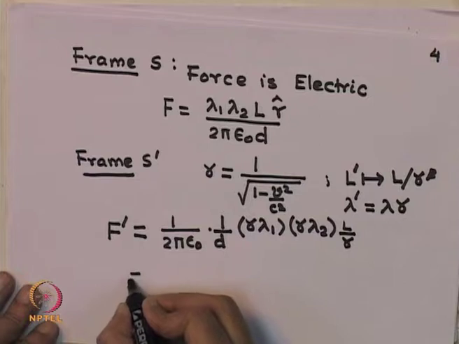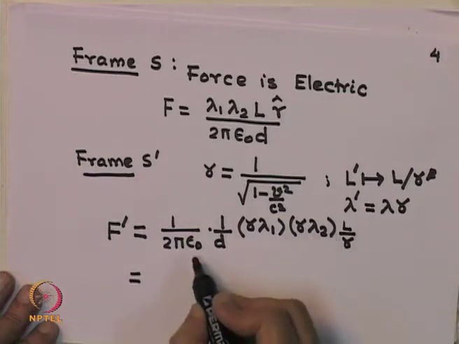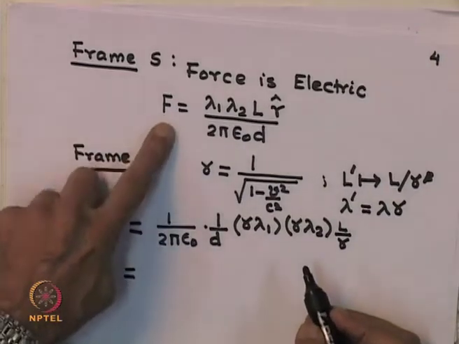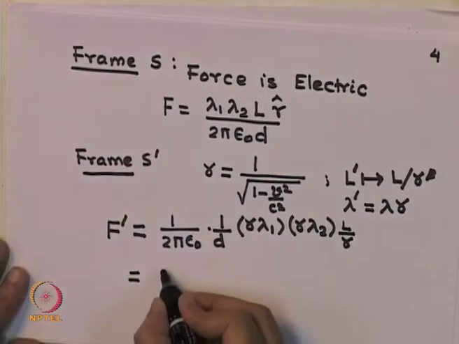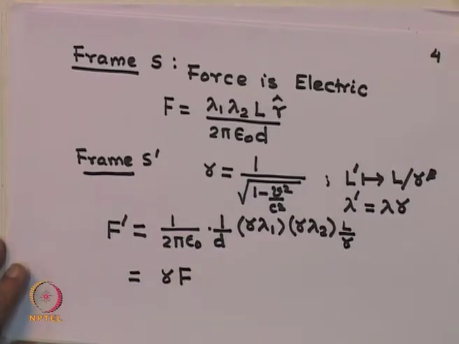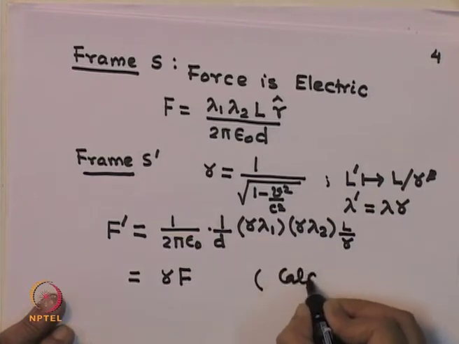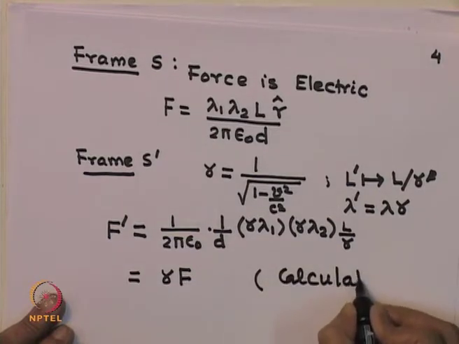So, one of the gammas will go away, and if you recall my original expression, this is nothing but gamma times F. Now, this is the calculated electric force, please understand this.